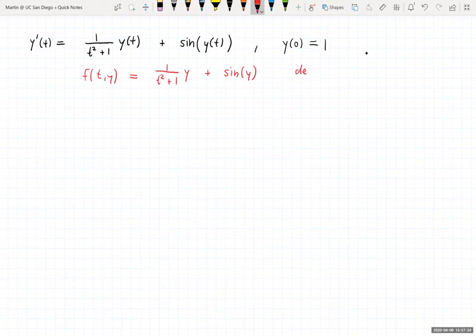Okay, it's defined for all t and y. It's continuous. So we need to check this condition.